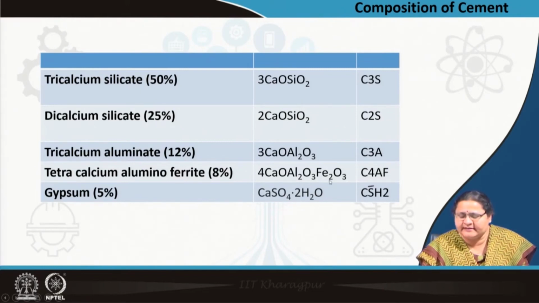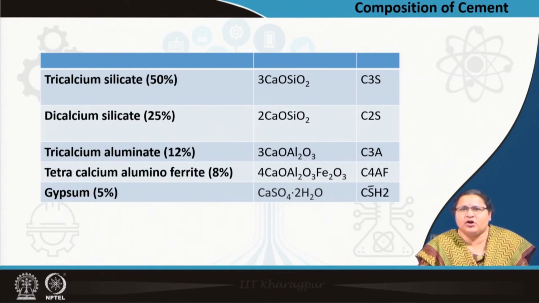Now, here you see there is a ferrite, and finally, it is gypsum which is added at the last and its percentage varies, and gypsum is also abbreviated as it is calcium sulphate, CS bar, and H2 implies 2 molecules of water.